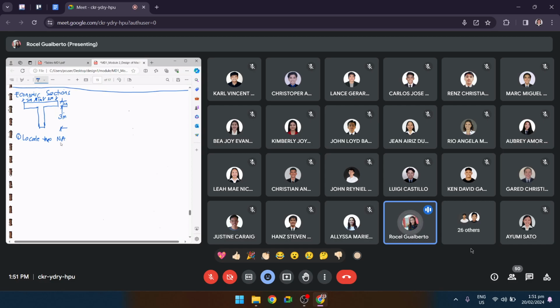Okay, so you have to locate first the neutral axis. Again, our aim here is to obtain the value of C and I. So how is it done if you are given an economic section?